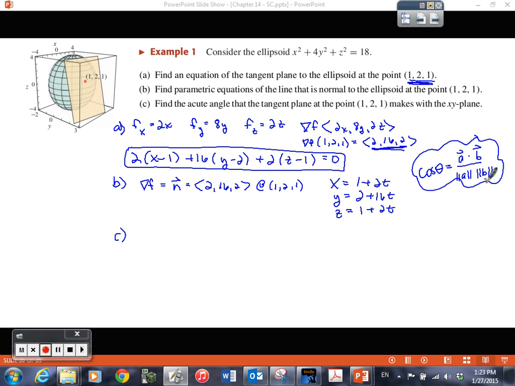So those are the vectors I'm going to use. Our formula is cosine theta equals (2, 16, 2) dotted with (0, 0, 1). This is a vector on the xy plane. And so we dot those together, and then we do the magnitude of each of those.